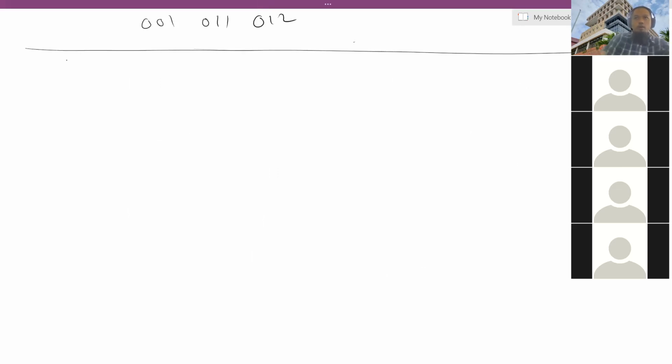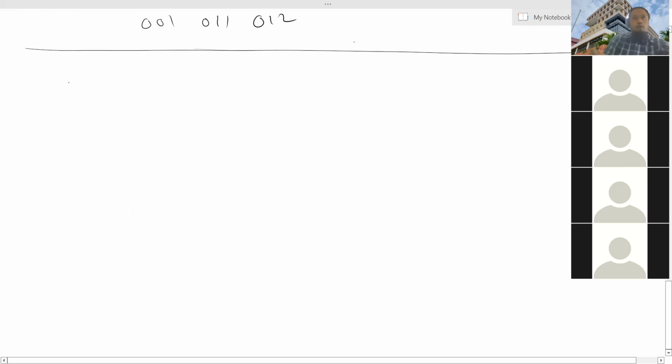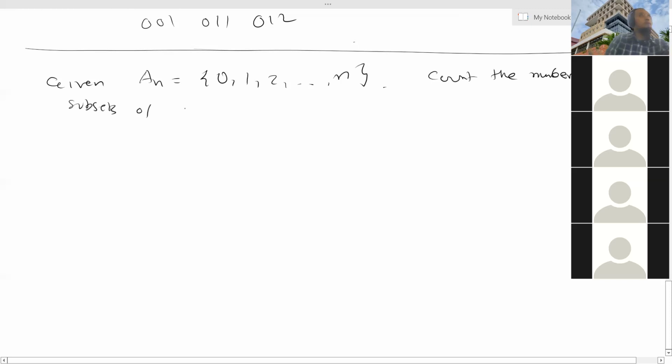We have this question. Given the set A_n, which is 0, 1, 2 up to n, count the number of subsets of A_n that do not contain two consecutive numbers.